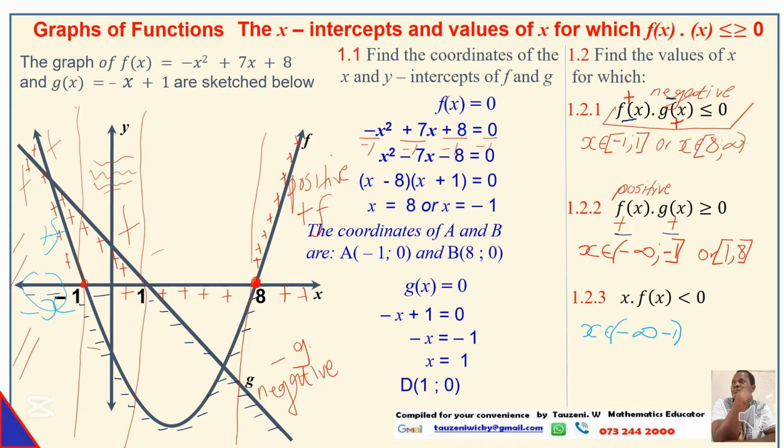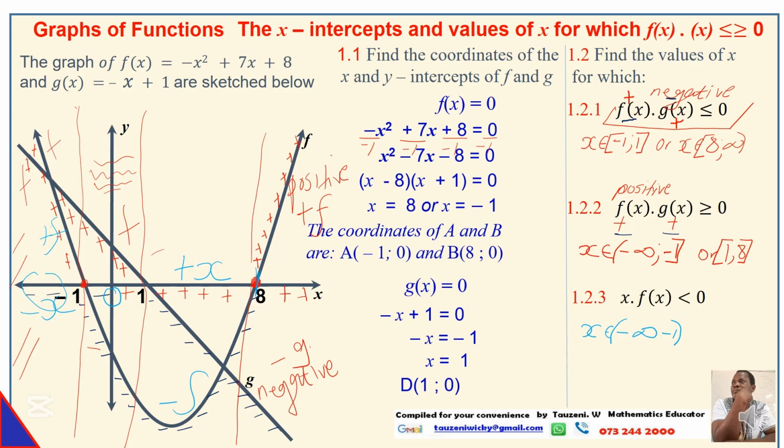Let's also carry on. If you look at point 0, 0 is here. From point 0, moving with the graph to the right-hand side until we reach point 8, from 0 up to 8, the x-axis here is positive, but the graph of f is negative.